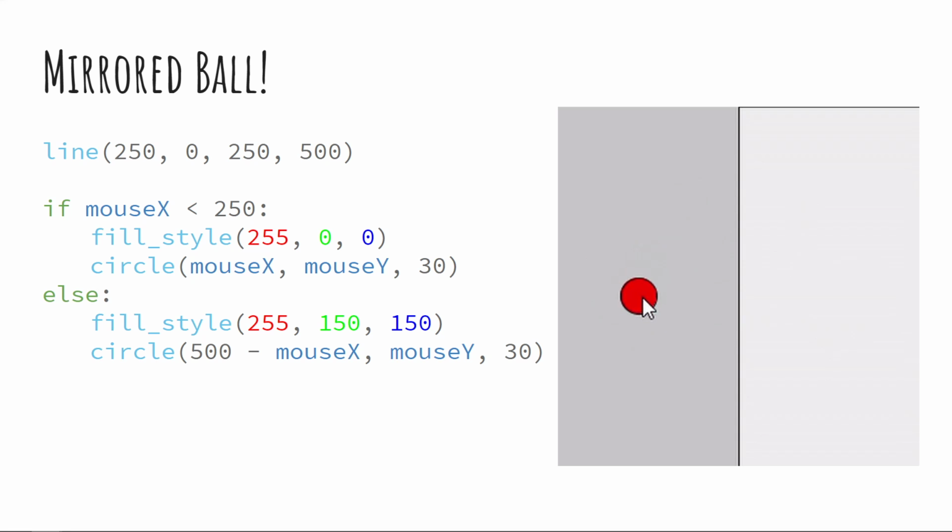Otherwise, we're going to fill style 255, 150, 150, which you can think of as getting closer to white, about halfway between red and white, or pinkish. We're going to draw that at 500 minus mouse X, then our Y position is mouse Y, and our size is the same, 30. That'll give us effectively a mirroring of our movement, but over on the left half of the screen.